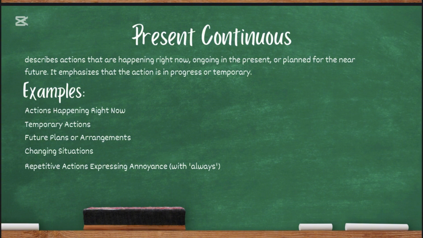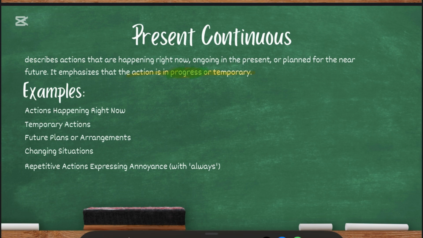What is also important to remember with the continuous tenses is that the emphasis is on the action being in progress. So it's not about the duration of the action, but that it is in progress.